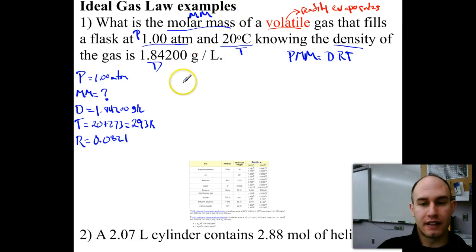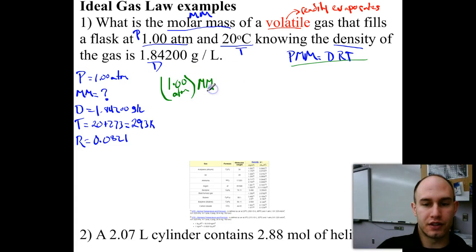So let's go ahead and substitute into my equation now. The pressure is 1 atmosphere times the molar mass, MM, which is unknown, equals the density, 1.842 grams per liter, times R, 0.0821, times the temperature of 293 Kelvin.